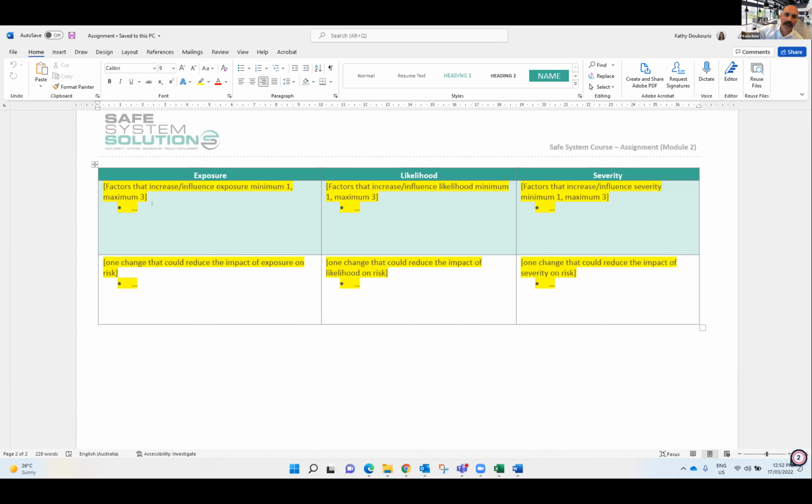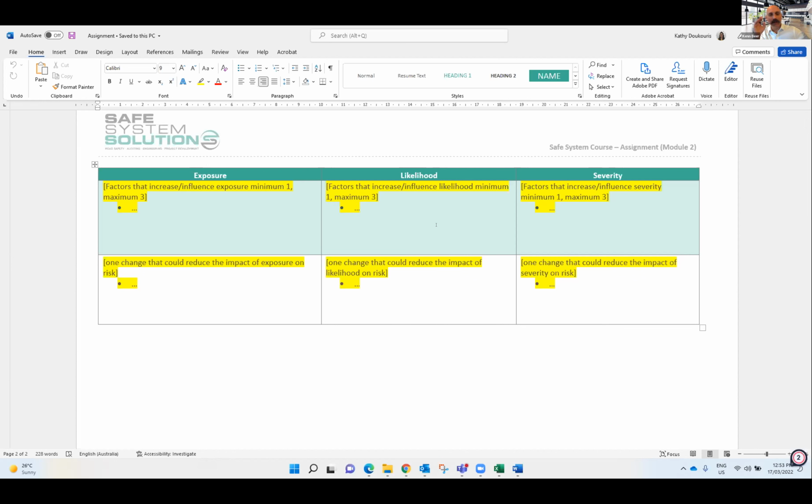It's got a shopping center and lots of pedestrians crossing. This is all about what's generating the numbers of vehicles, number of pedestrians. So you could put 1 thing there, 3 things, up to 3 things. Then you're going to go over to likelihood. And you're going to say, what are 1 to 3 things that are increasing, influencing the likelihood of crashes?